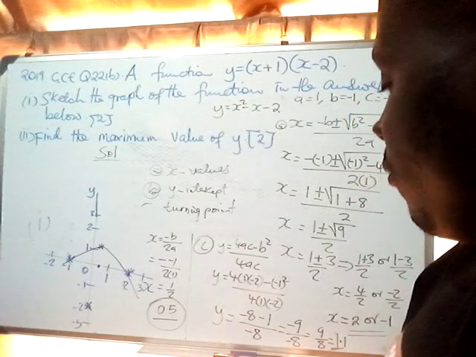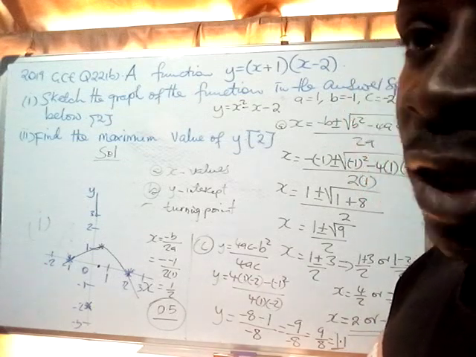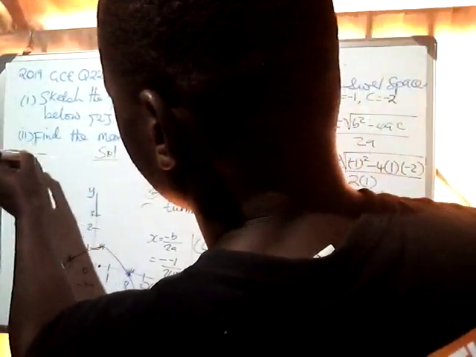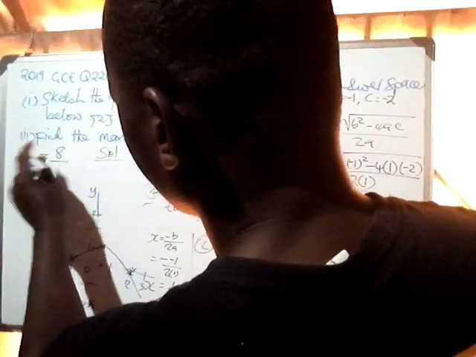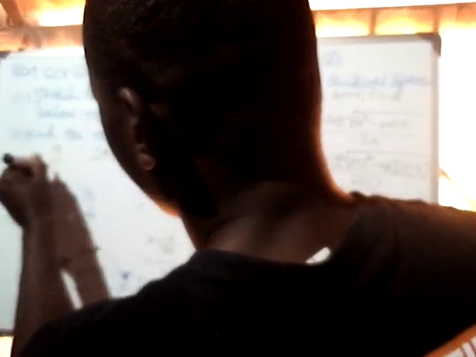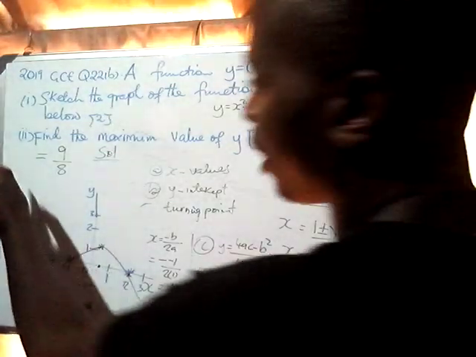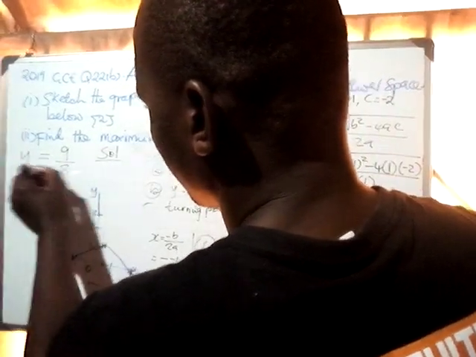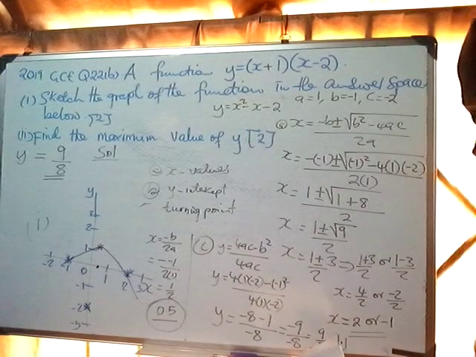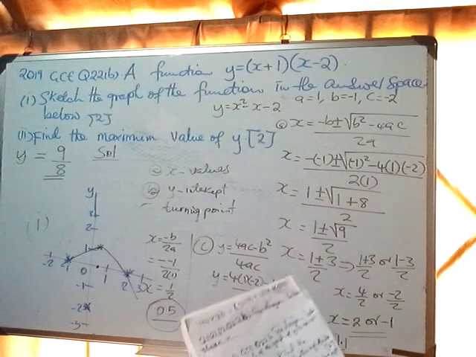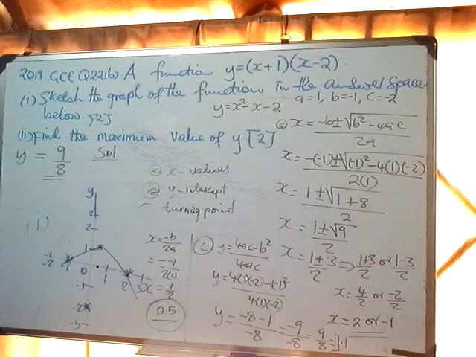The maximum value of y is the value of y at the turning point. So the answer for question B will be 9 over 8. This is what we got there. That is the maximum value of y. y is equal to 9 over 8, or you change it so that it becomes a mixed fraction. Otherwise, this is what we have, and we are going to have the last question in the next video.